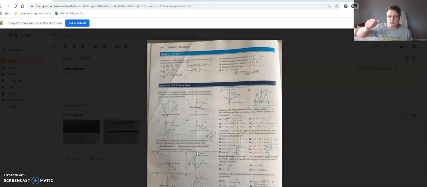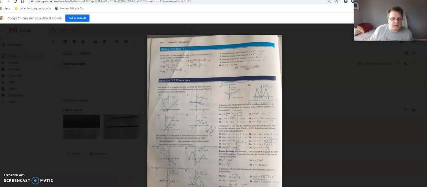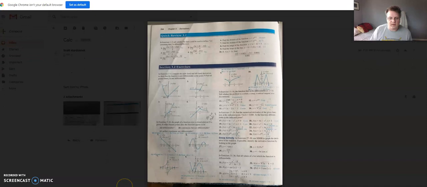Looking for your corners, your cusps, your discontinuity, and identifying those. Let me see if I can get all the answers for you so you can see them right there. Take a picture of it, pause it, try it, whatever you need to do. So 5 through 10, those graphs.